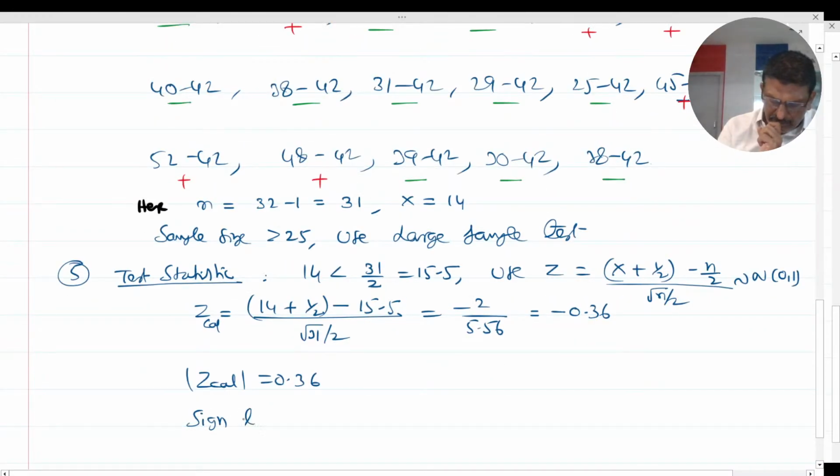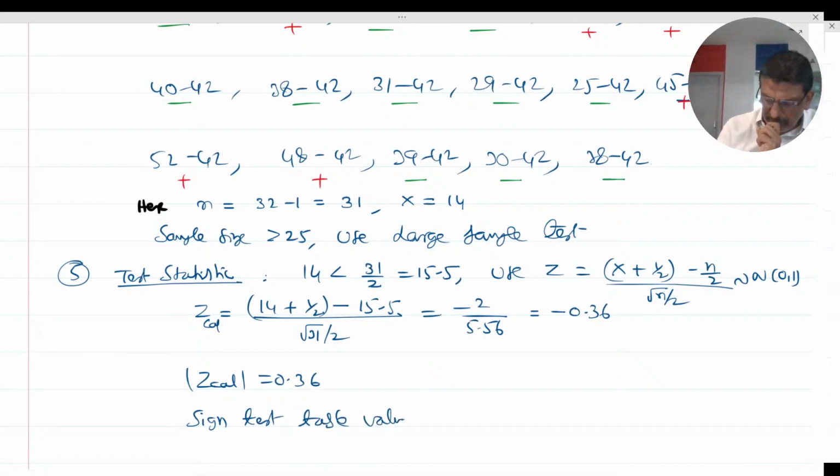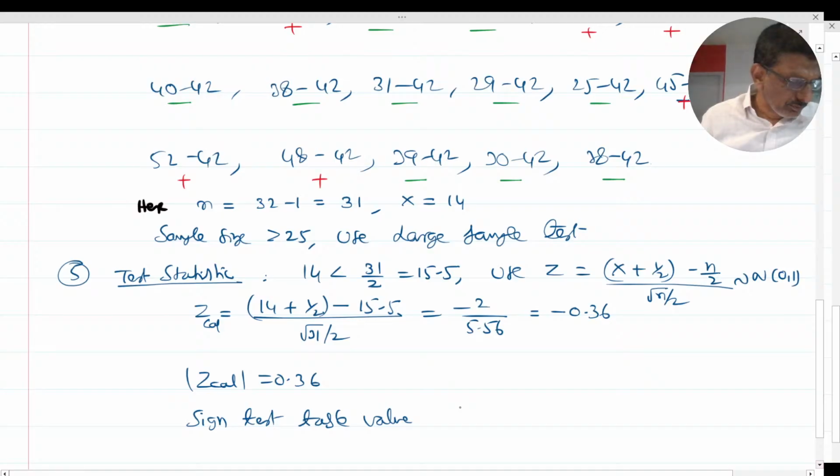Sign test table value. For the large sample case, here also use the Z table value. There is no need to use the sign test table value; it is the same as the Z table values.